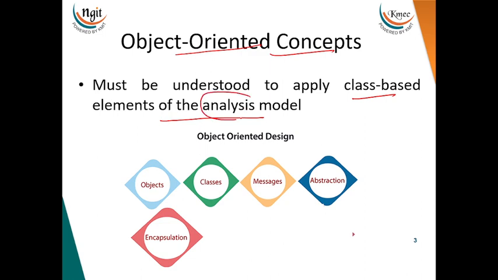What are the class-based elements in the analysis model? We have also seen these concepts in Java, but the same concepts are used in object-oriented analysis models. We have to go through object, class, message, abstraction, and encapsulation. We are going to see all this in our class today.